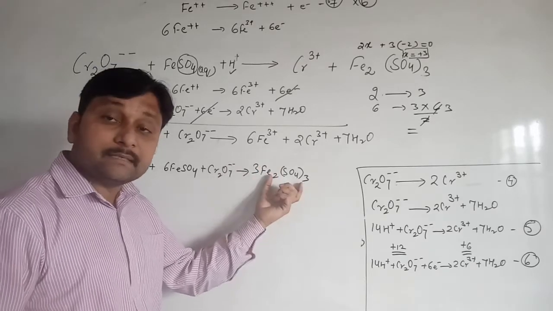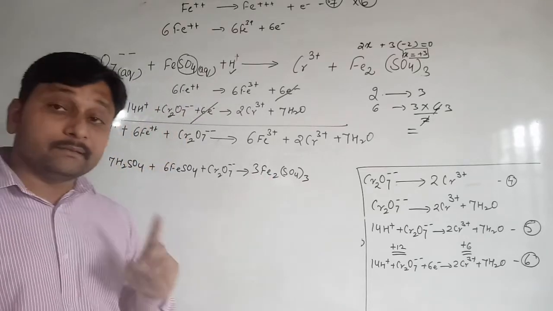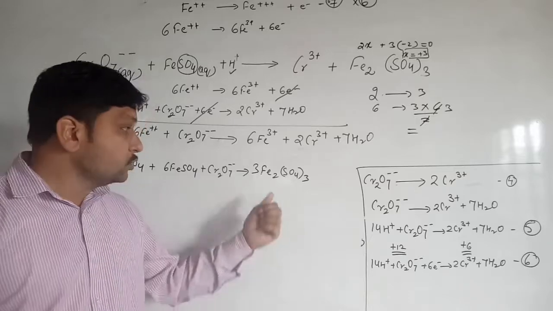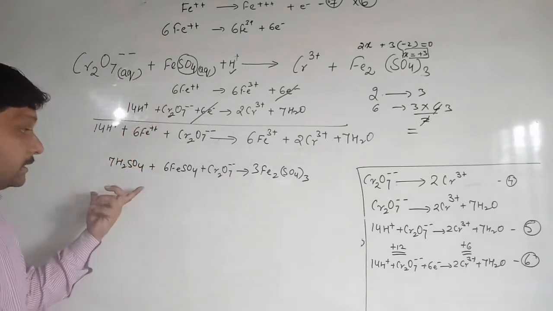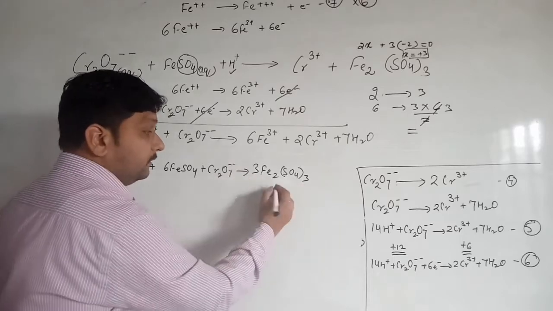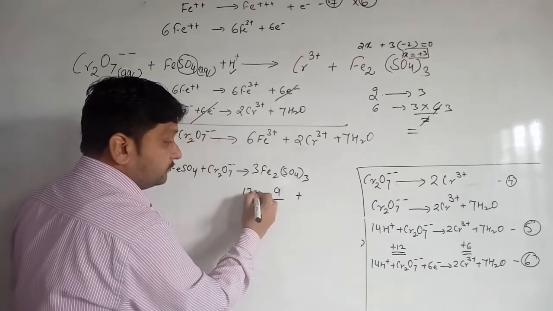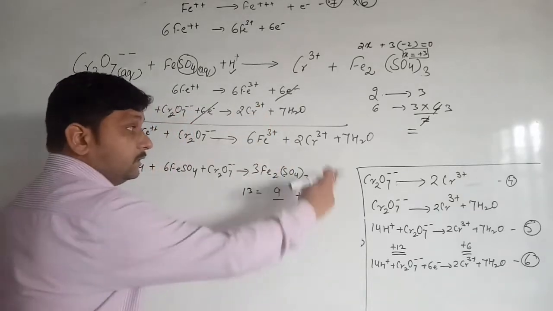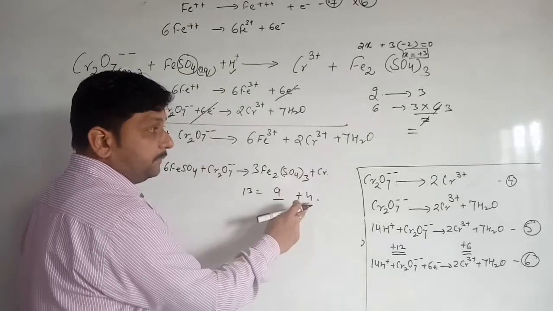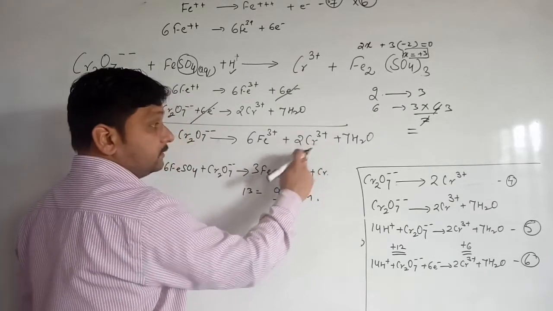And how many remain? Because on the reactant side we have added 13 SO4, so 13 on this side, and on this side we have added 9. It means the remaining is 4. Clear? So 4 are remaining. Cr is present in the form of Cr3+.